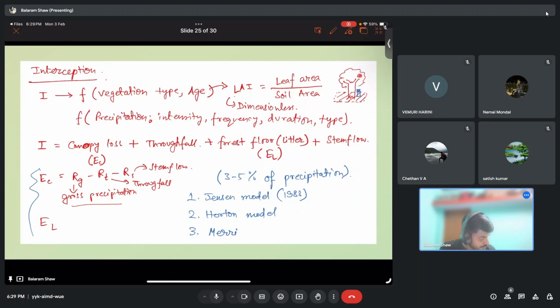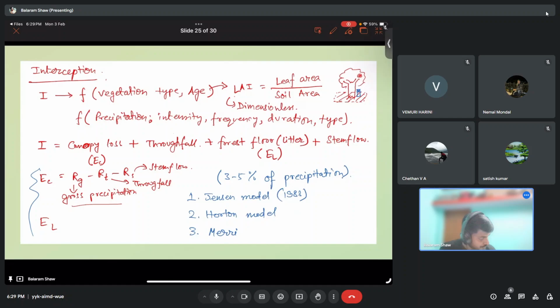Let's say if you are writing depression storage as DS, then it can be written as rainfall minus runoff minus infiltration minus evaporation minus interception and all that. So simply, if you use the water budget equation, you can get the depression storage, right?